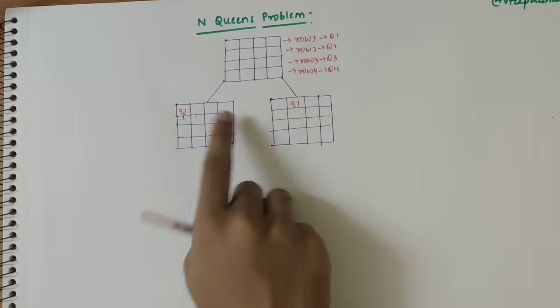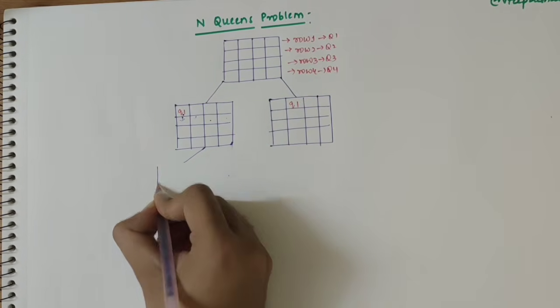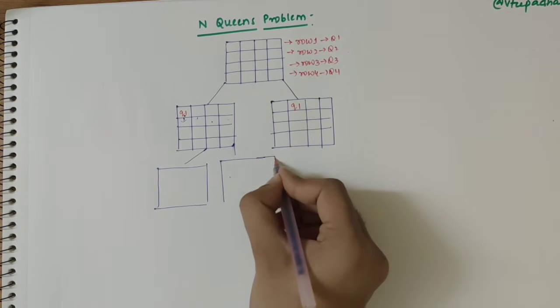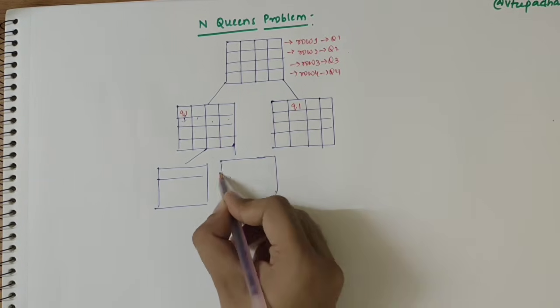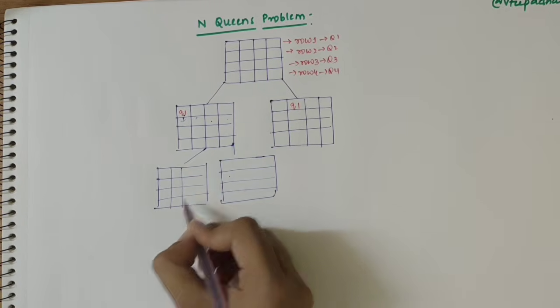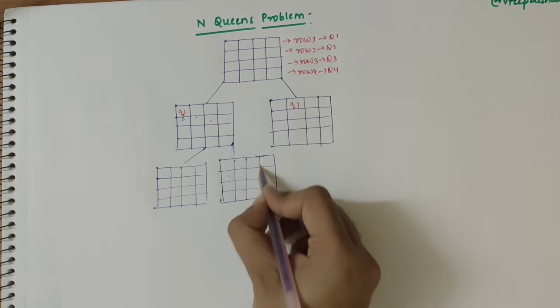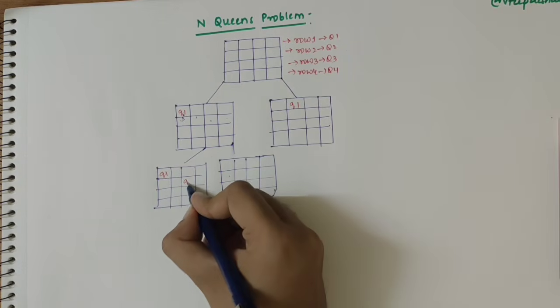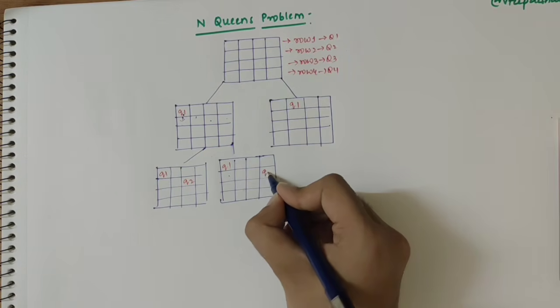There are two possibilities for placing q2. So let me draw those two possibilities here. q1 was here, q2 I placed here; q1 was here, q2 I placed here.